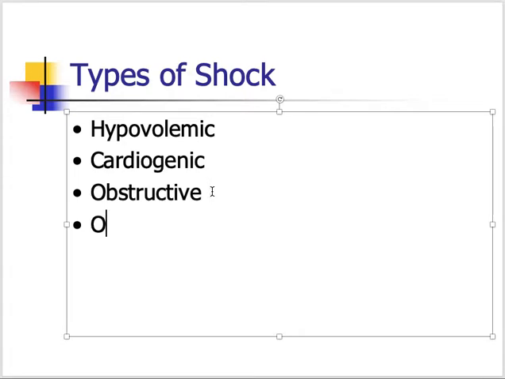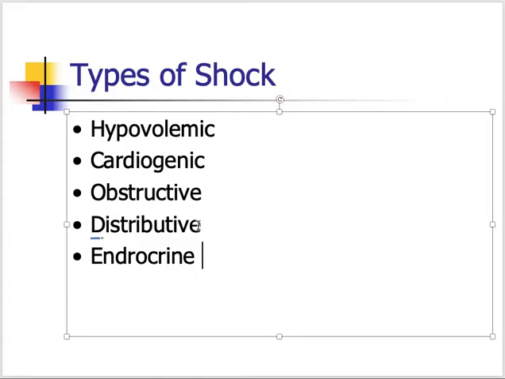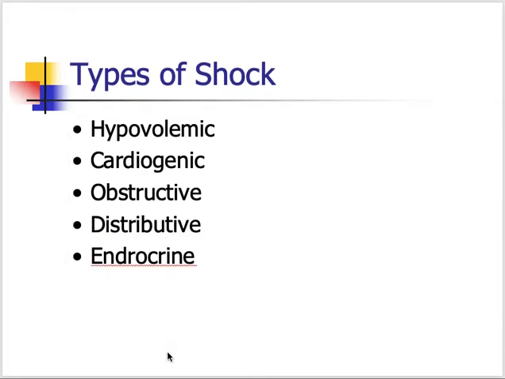So then it could be distributive. I will tell you why I removed neurogenic and endocrine from this list, or septic shock, because basically anaphylaxis and septic shock are a type of distributive shock.